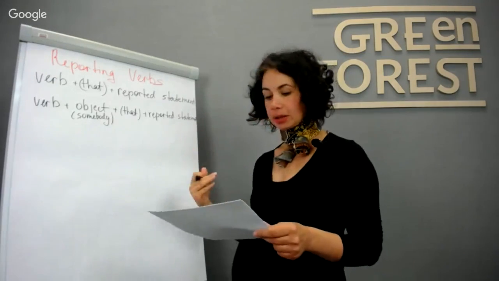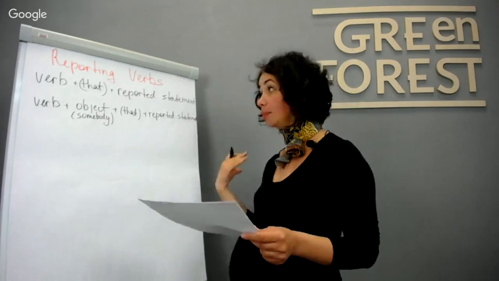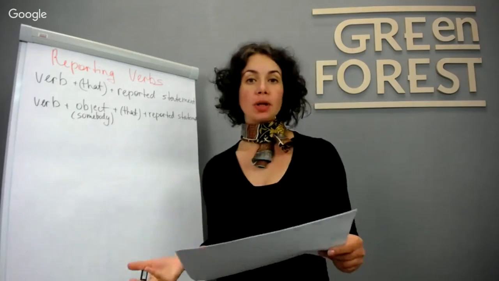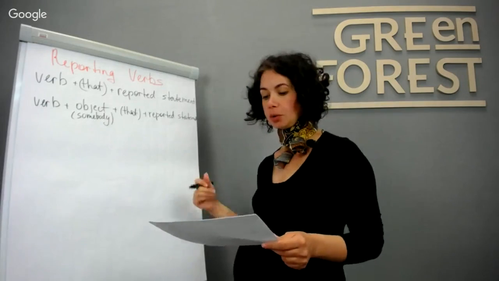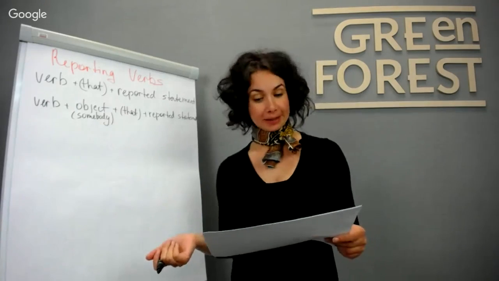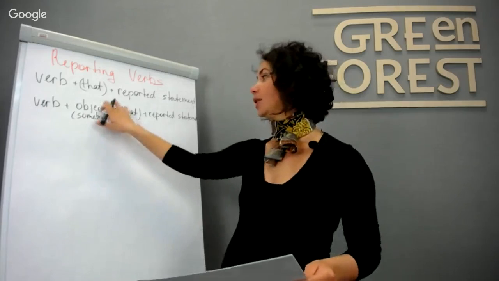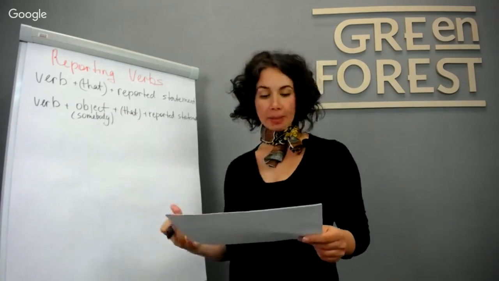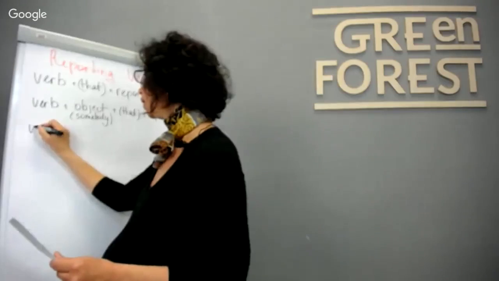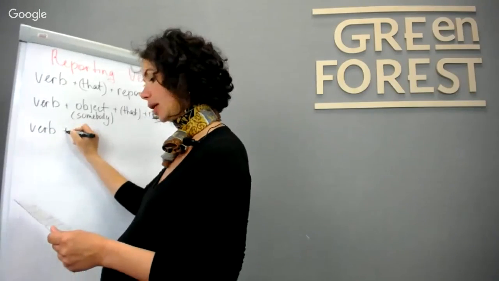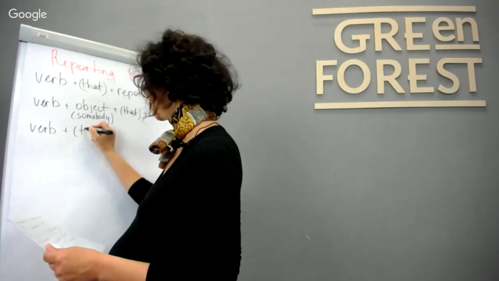I mean that, for example, we need to say he promised me that he would come on time, or he persuaded us that we should go to another place. So in this case, we say some object, that's somebody. And another pattern from this group, we can use verb plus that and should.